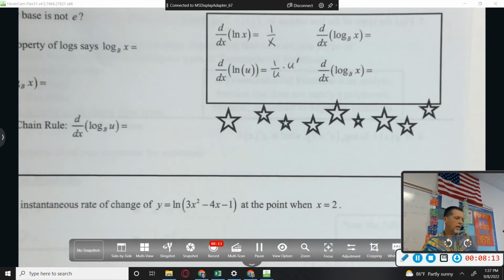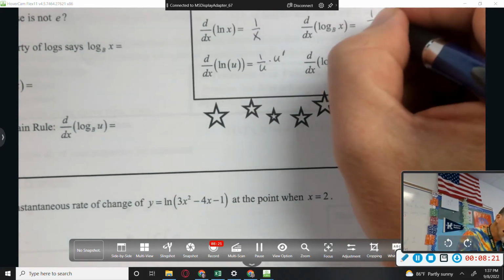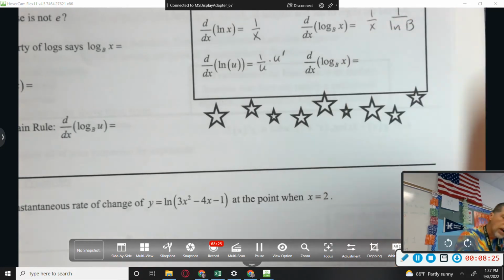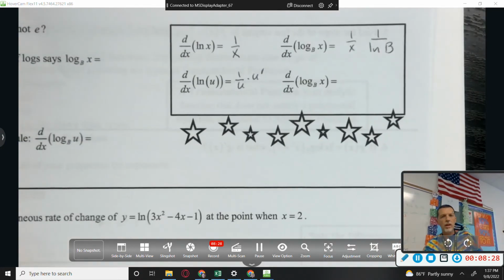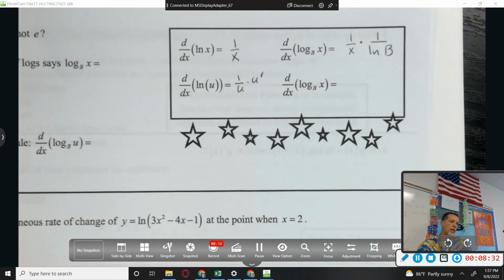You mean our base is not e? I mean, our base is not e. Like, we can go through the derivation, but it's probably easier to just remember it. 1 over x, 1 over natural log of b. Times? Yep. Which means you could put all of that in the bottom at once.